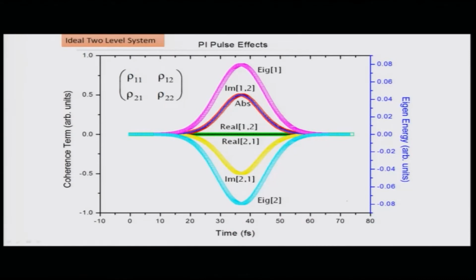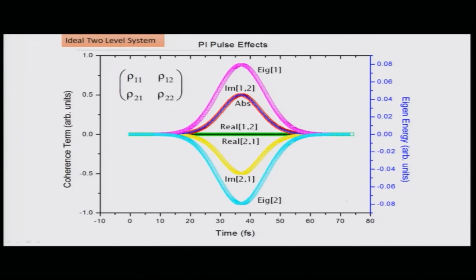So, under these kinds of implications, the pulse's interaction with the system can be looked at a little bit more completely, and even under the condition where there is an ideal two-level system, the effect of the pi pulses can be understood in terms of how the coherence terms behave.